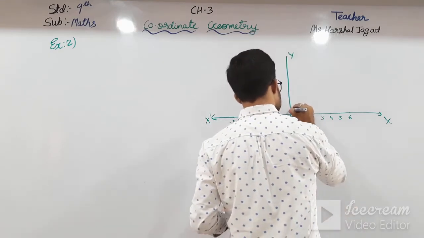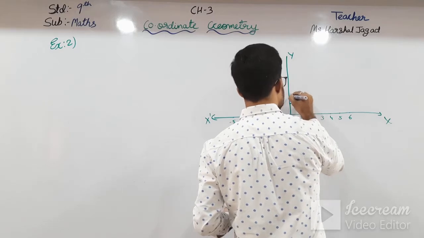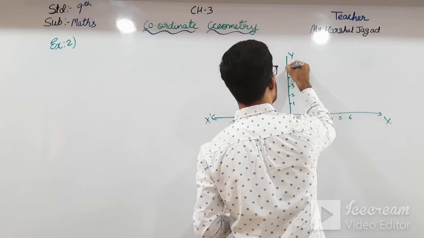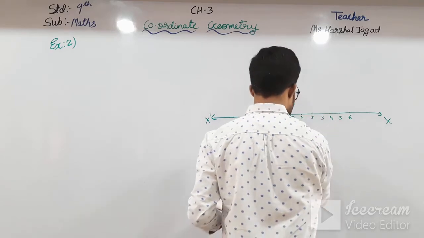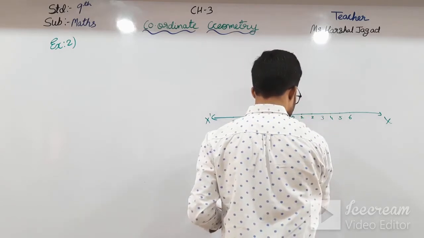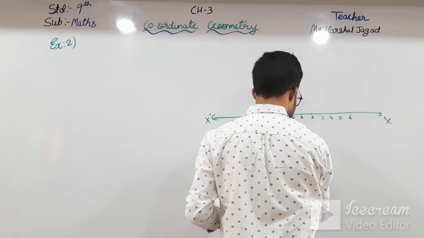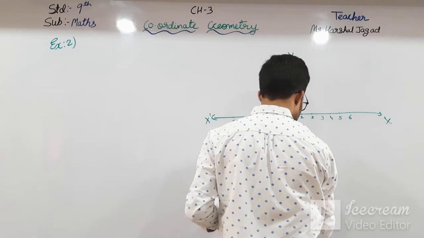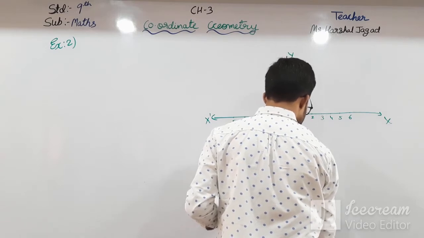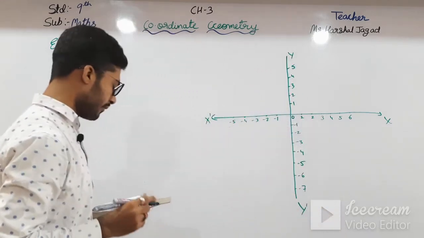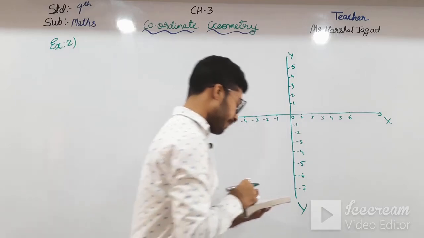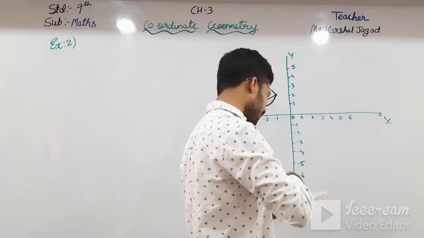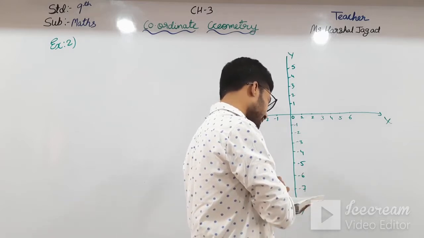Here 1, 2, 3, 4, 5. Here -1, -2, -3, -4, -5, -6, -7. Okay students, so we have put the points.